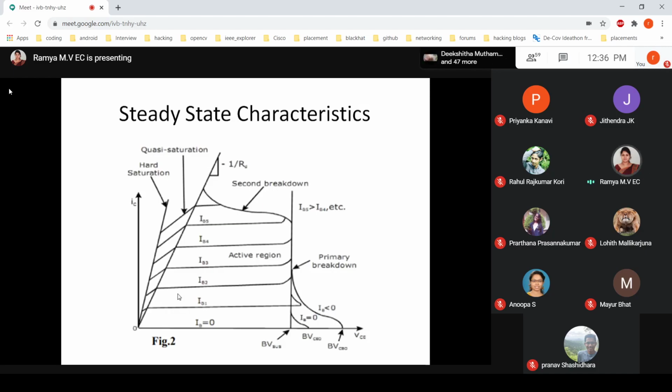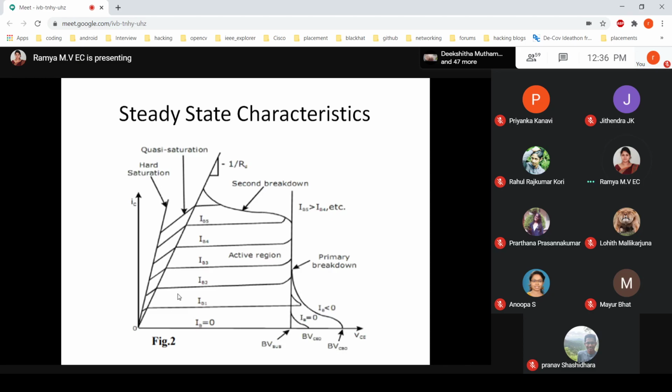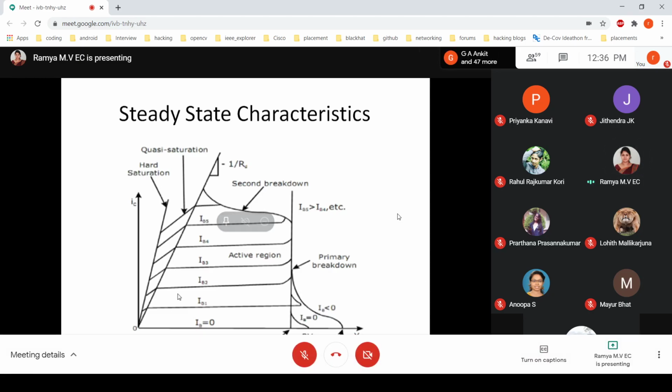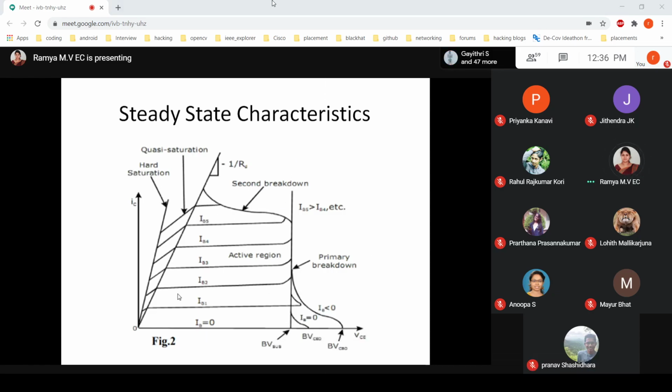So remember that in the cutoff region, both the two junctions will be in the reverse bias region. As a result, it will be in an off state, like an open switch.